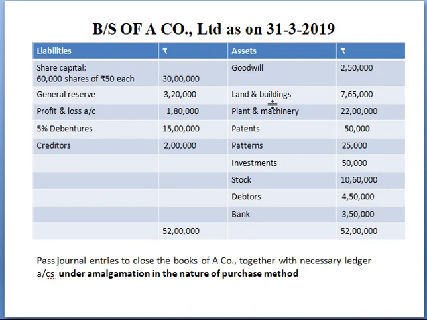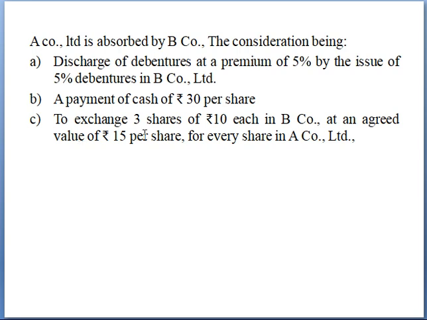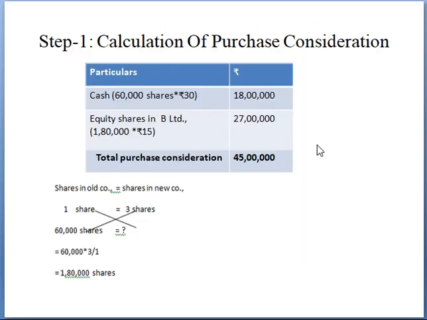And your second point is to exchange 3 shares of rupees 10 in B company for every share in A Limited, which means if you hold one share in old company, you will get 3 shares in the new company. Just do this working notes. So shares in old company equals shares in new company. See here, 1 share equals 3 shares.